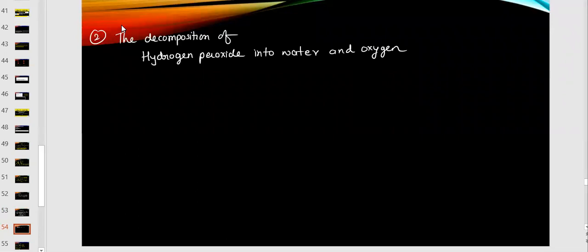This reaction is actually a slow reaction. At room temperature, this reaction is very slow. So for this reaction, we are going to use the catalyst manganese dioxide. The same reaction occurs faster on adding MnO2 powder to it.